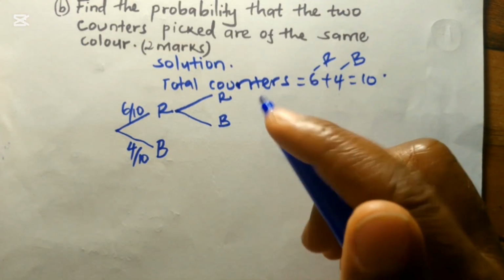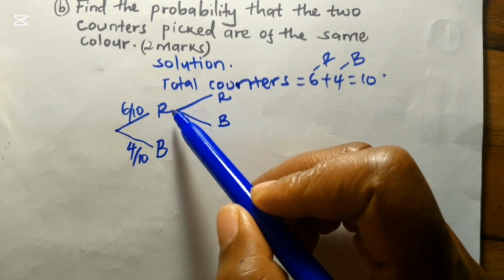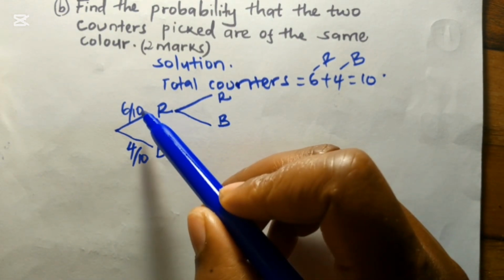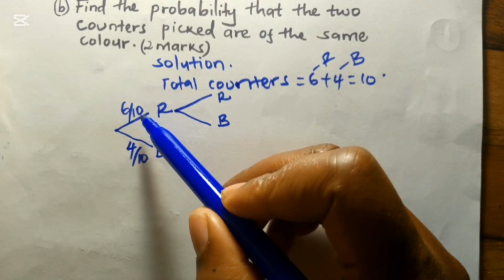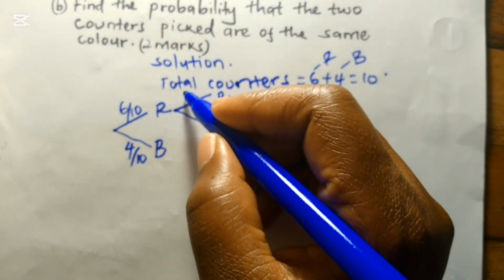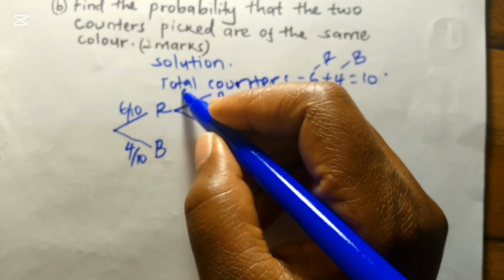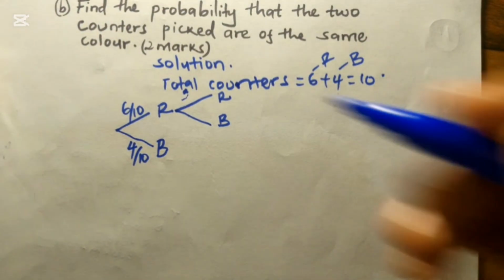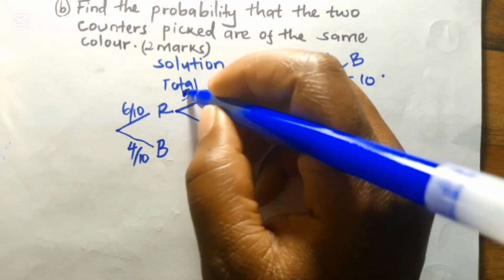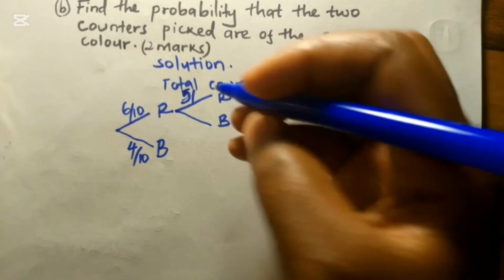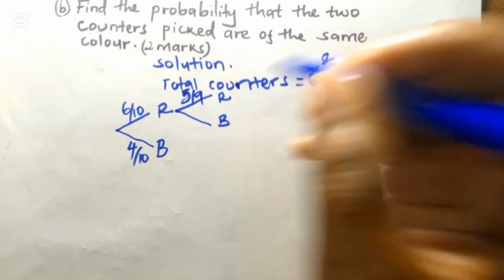So a red counter is picked for the first case. So the number of red counters is going to reduce by 1 and become 6 minus 1, which is 5. And again the total number of counters will reduce by 1 to become 9.